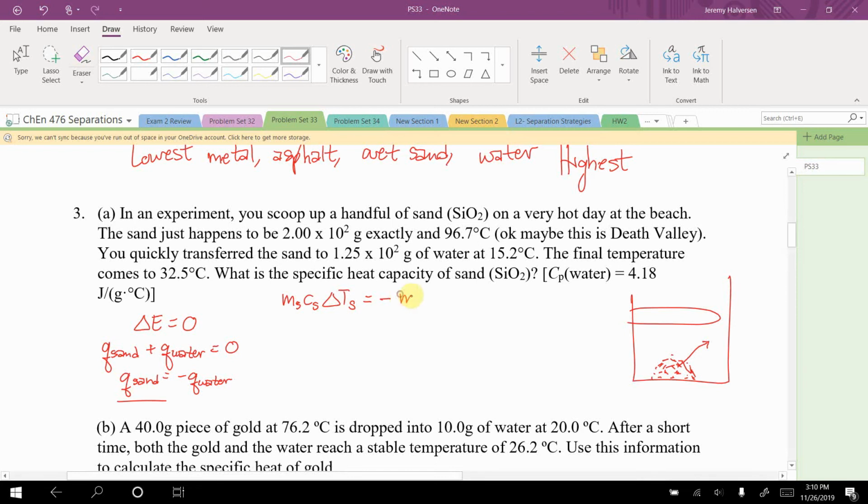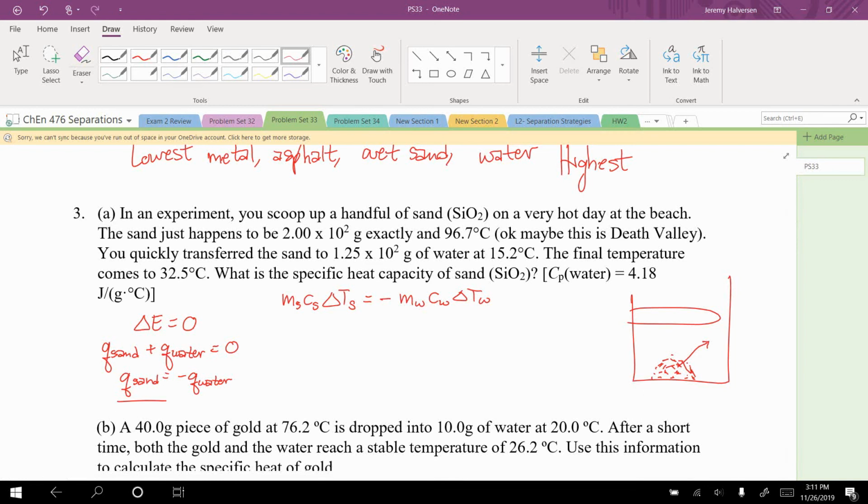So I'm going to use m water, c water, delta T water. Now you notice that I'm putting subscripts to specify what these variables are of, because otherwise people often mix up. They use the mass of the water and the specific heat of the sand, and you can't do that. If I'm calculating Q of the water, then I'm just using variables related to the water.